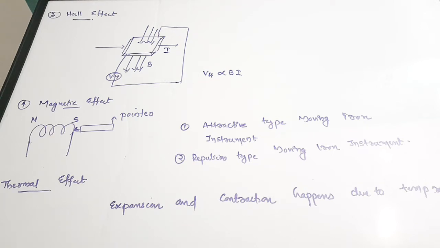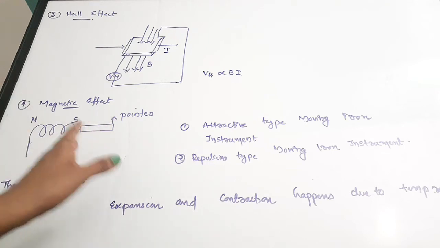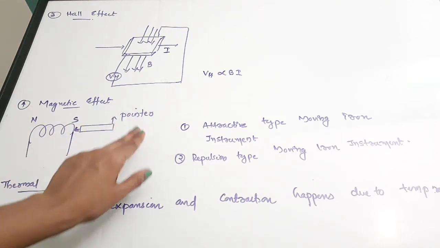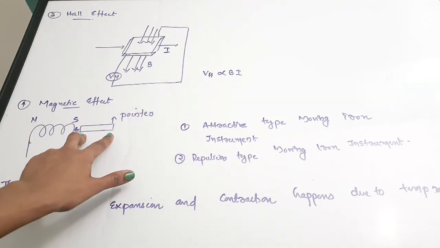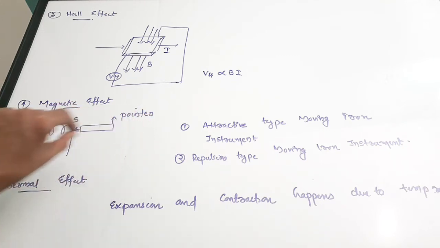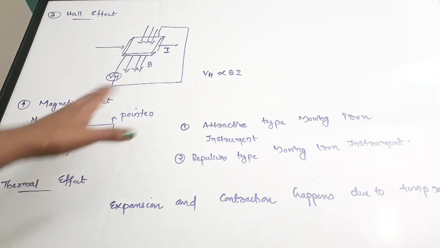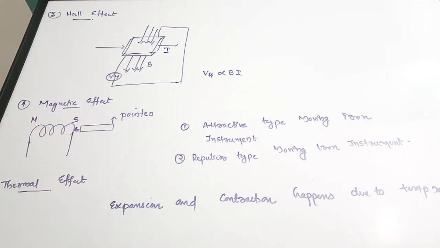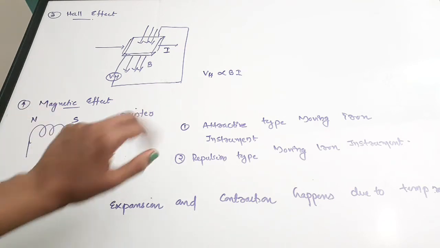The fourth one is magnetic effect. Whenever a conductor carrying current is placed in a magnetic field, it experiences a force, right? This force will cause the pointer to move. Consider that this is the conductor which is carrying current, and it is being introduced to a magnetic field, that is, it is going to be placed into a coil. This conductor will experience some force, and this force will cause the pointer to move.